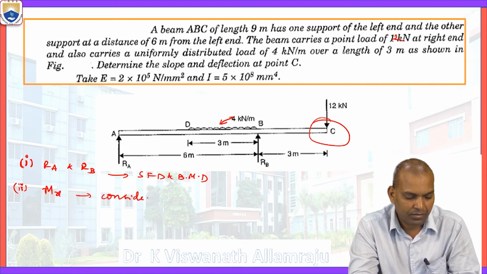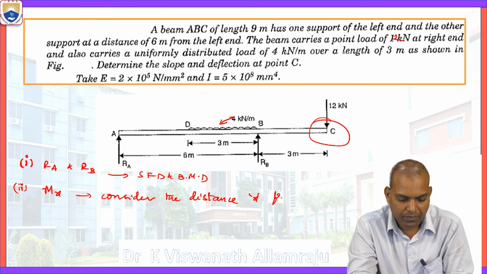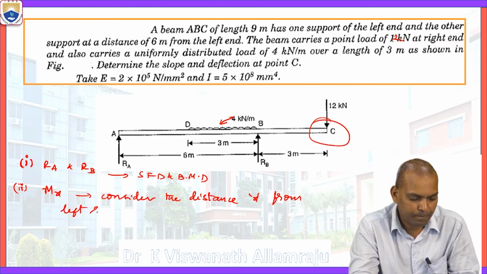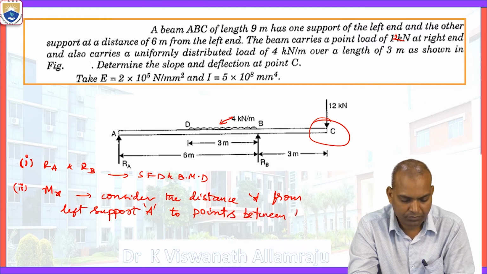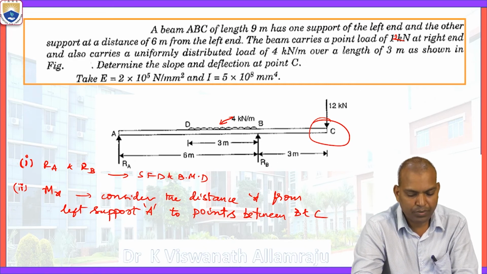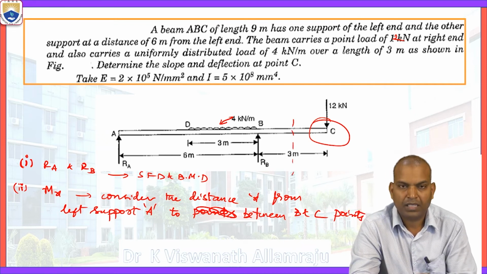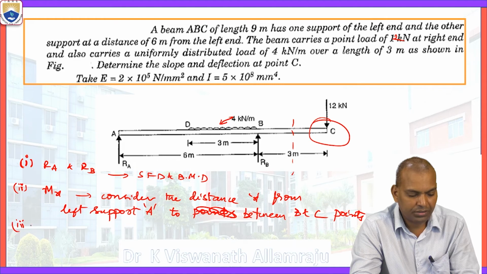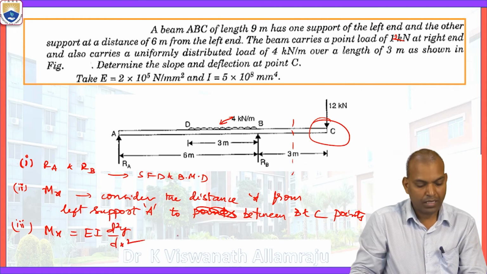Consider the distance x from the left support A to points between B and C. And equate that equation with the equation at the section x, that is E times d square y by dx square. What is the fourth step?